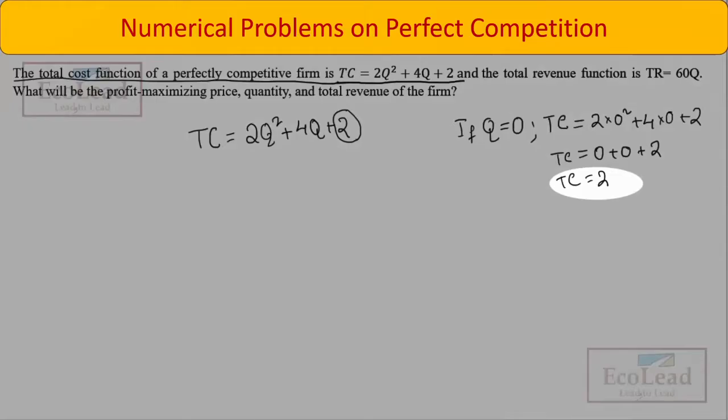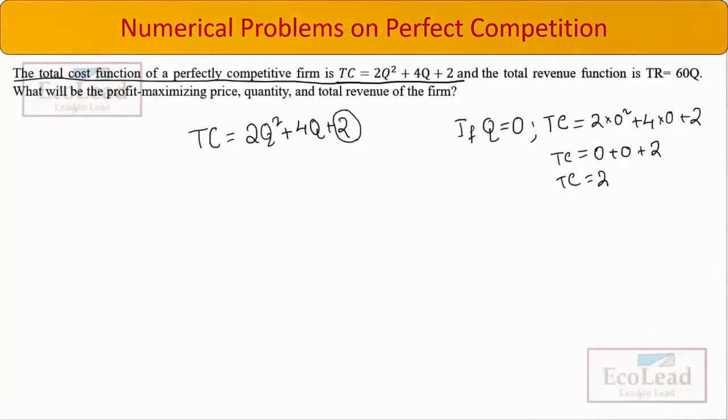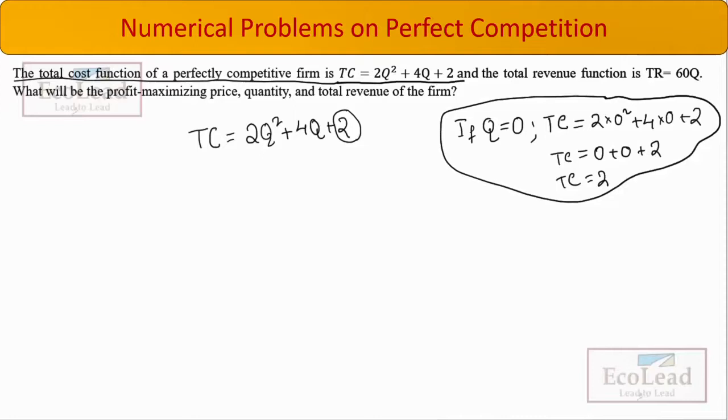So what does this do? This 2 is nothing but the fixed cost for this perfectly competitive firm. Now this is not required in this problem to find the solution, but I have shared it for your understanding. Now let us move to the next information.